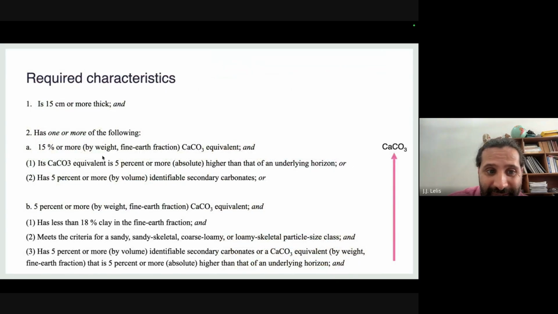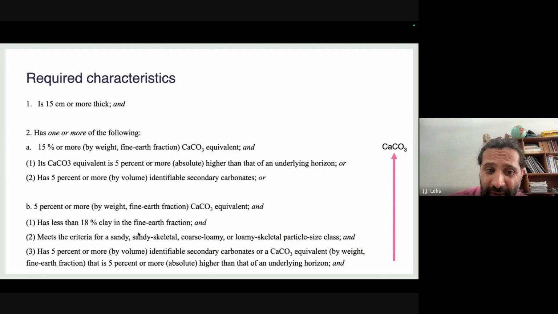These are spots of secondary carbonates. Or, letter B: 5% or more of calcium carbonate. So when I run some lab analysis, I can measure the content of calcium carbonate, and I see that it's 5% or more, but less than 15%. And I register less than 18% of clay in the fine earth fraction, and it meets the criteria for a sandy skeletal, coarse loamy, or loamy skeletal particle size class.